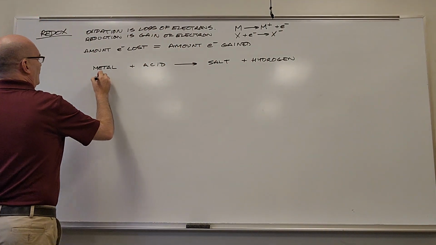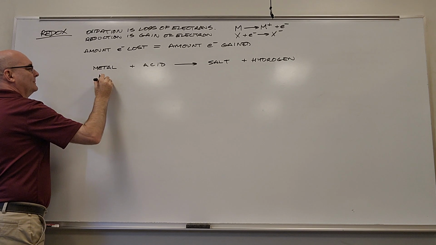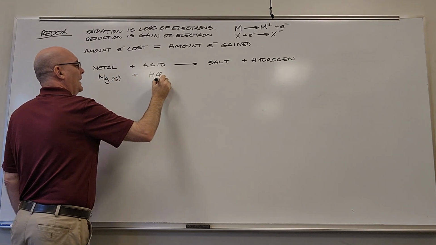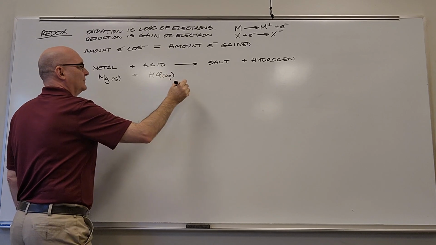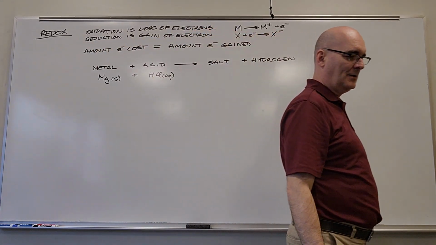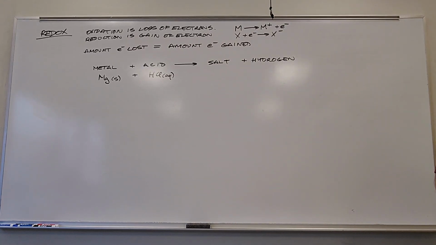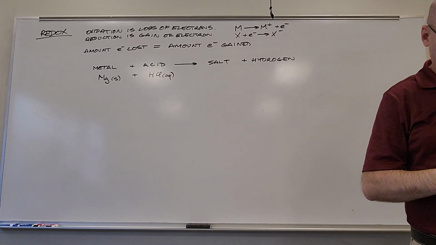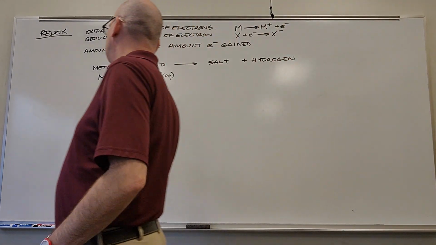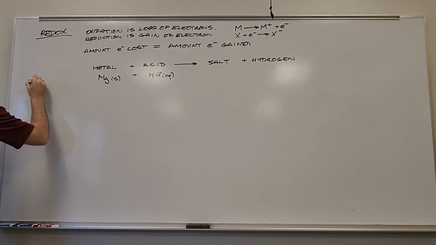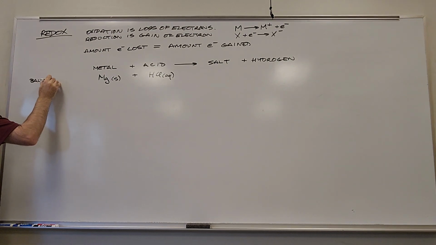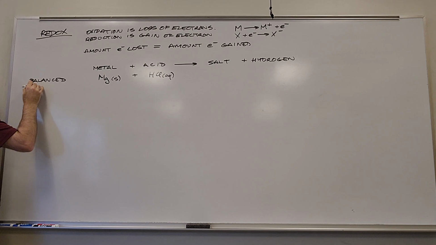Let's go. Magnesium as a solid plus hydrochloric acid in solution goes ahead and makes magnesium chloride and hydrogen gas. Balance it, because we need a balanced equation.